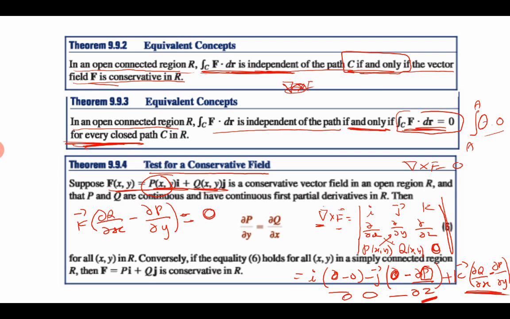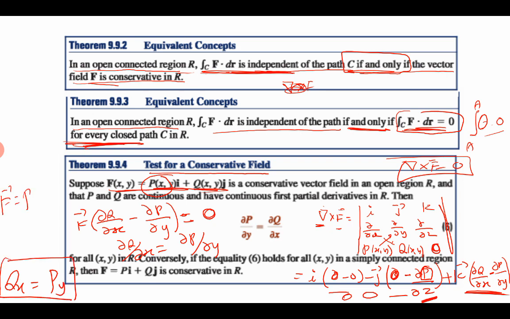If del cross F is 0, this term is also 0. We know del cross F is 0, so the answer is 0. So this implies that dou Q over dou x should be equal to dou P over dou y. Shortly we can write Qx is equal to Py. When the F vector is given as P i plus Q j, take the component Q, differentiate it partially with respect to x, that is Qx.